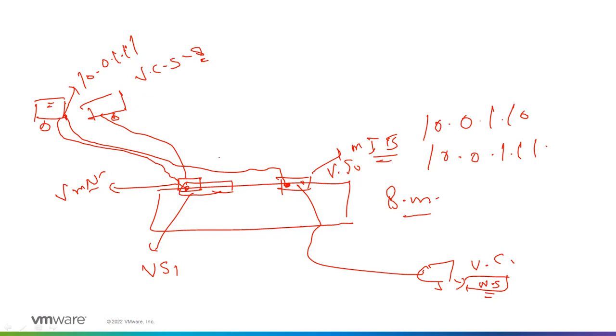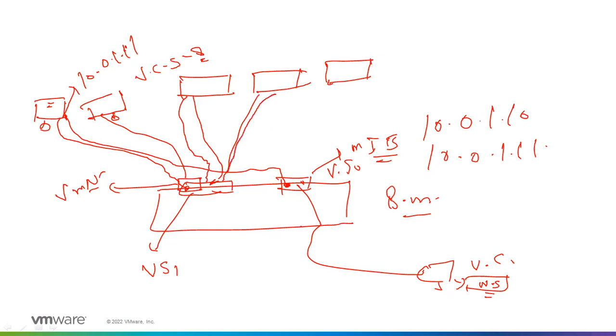Then whatever ESXi hosts you are planning, connect them to this virtual switch. Definitely you will be leveraging two NICs from each.